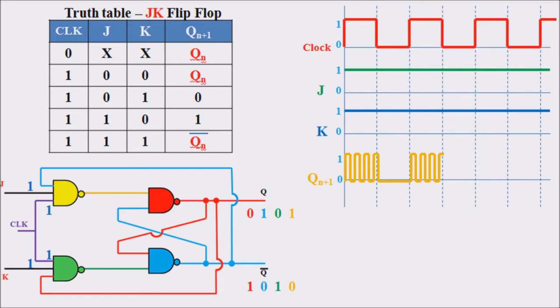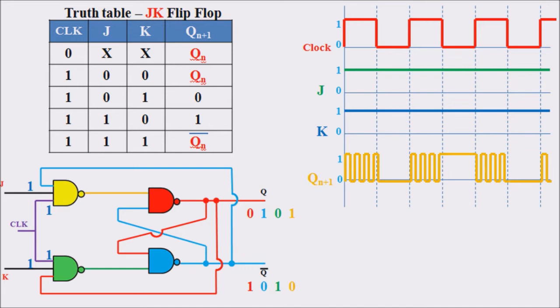And if the second clock's value becomes 0, the circuit becomes unchanged, and it will continue until the J and K values are 1 and the clock value is 1. So this is the clock diagram of a JK flip-flop with this toggling or race around condition.